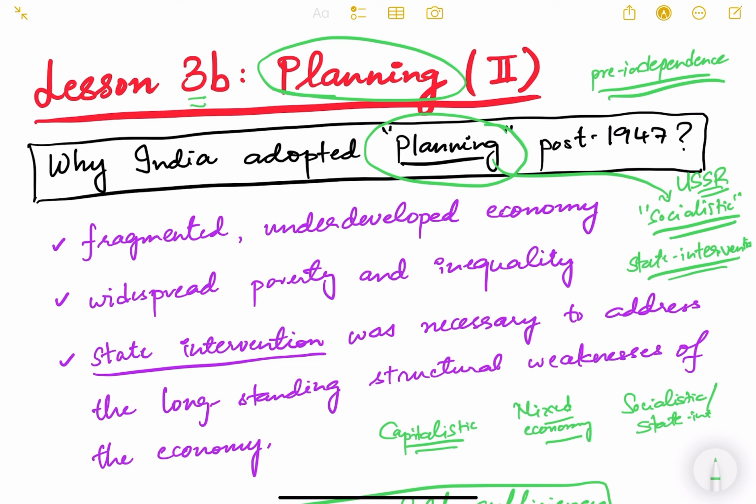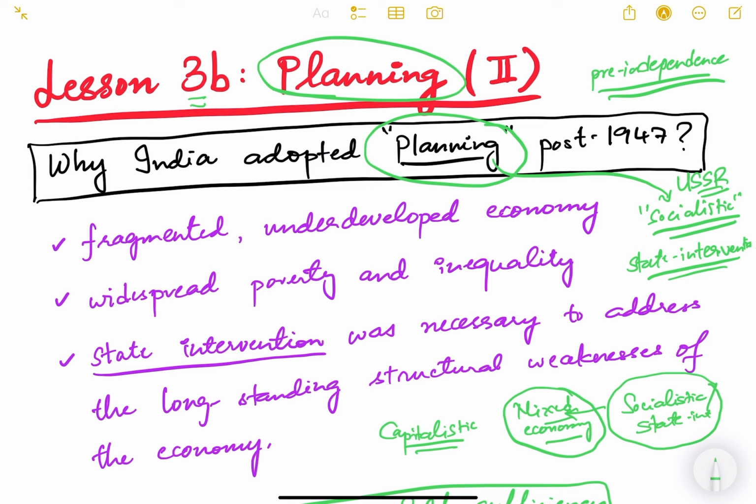Initially in 1947 we were mostly towards the socialistic or state-run economy. Then slowly we moved towards a mixed economy setup. So currently we are a mixed economy.